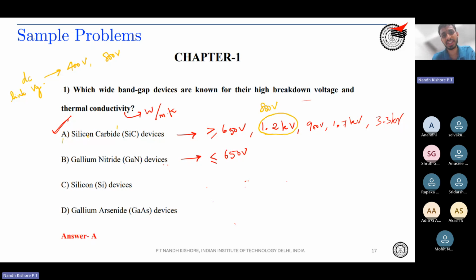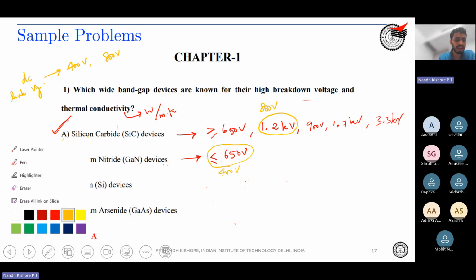That is why a lot of chargers use SiC devices. If you have an 800 volt battery at the input or output, you need devices that can block 800 volts, and a device with a rating of 1.2 kV is a safe selection. Whereas gallium nitride devices are rated only for 650 volts, which means you can use them only for 400 volt battery applications.